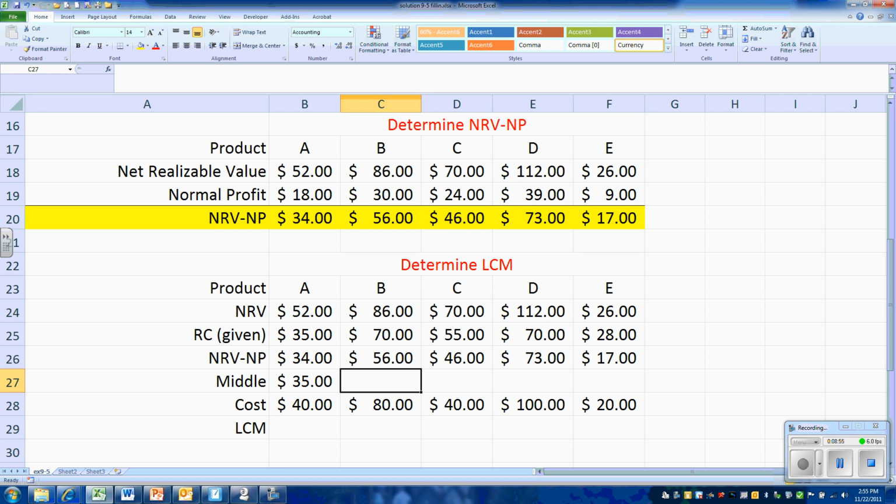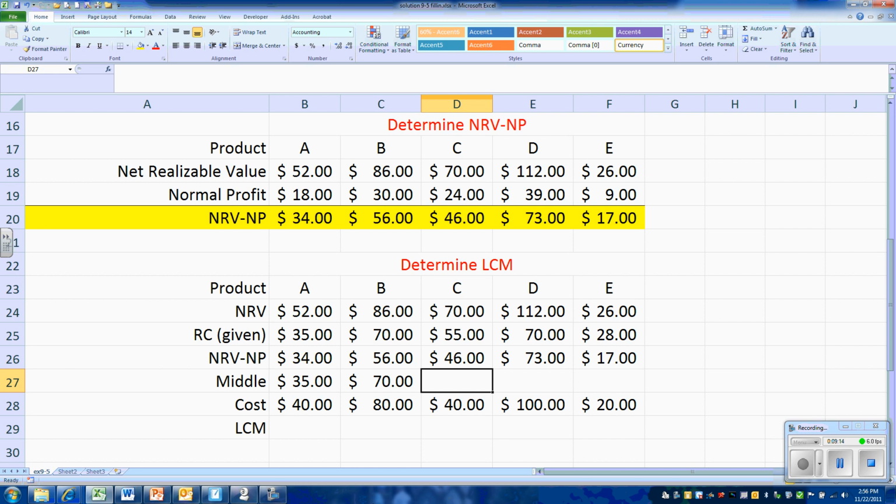For product B, we have a high, a net realizable value of 86, a low of our NRV minus NP. So our middle will be, again, our replacement cost.